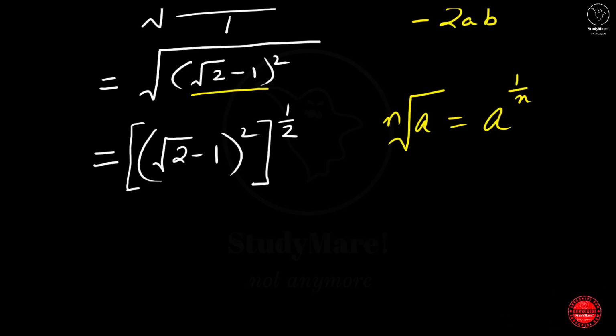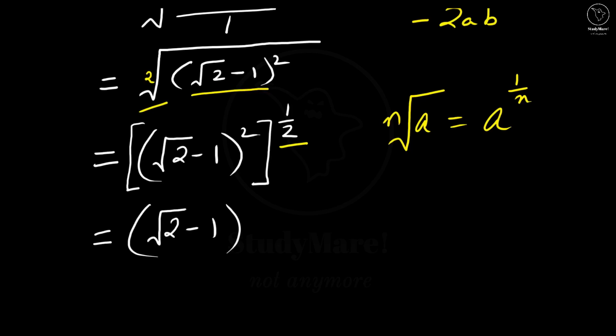And here nothing is written, that means we have the second root. So the second root becomes 1 by 2 here. Now why are we doing it? Just to make things easier for us. It becomes root 2 minus 1 to the power 2 into 1 by 2. 2 and 2 cancel out and we get root 2 minus 1.